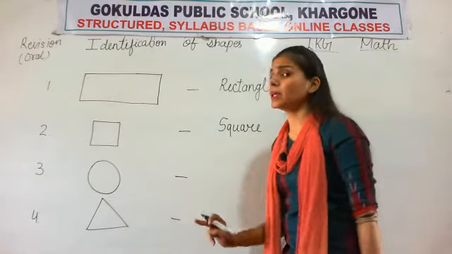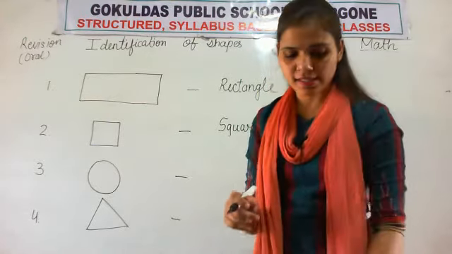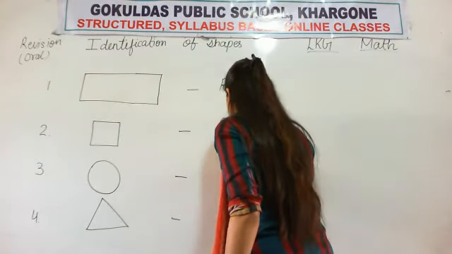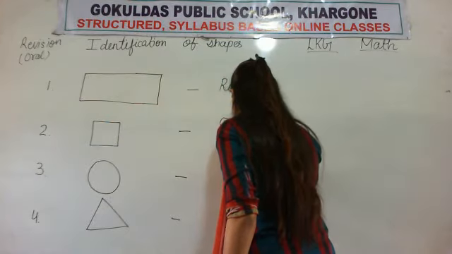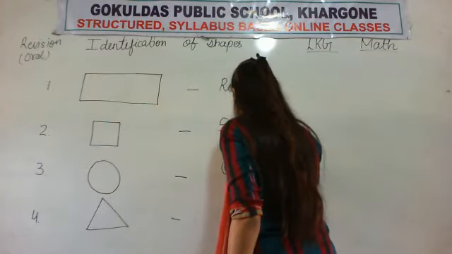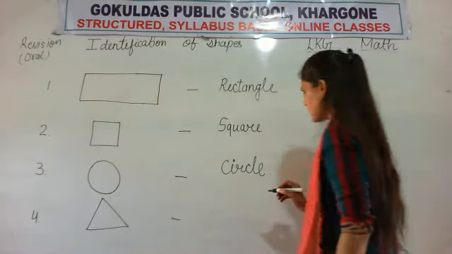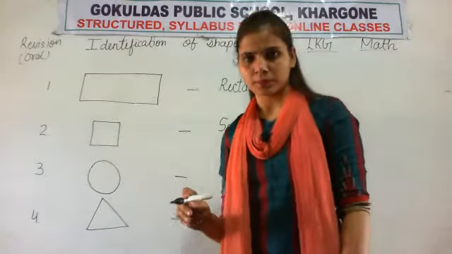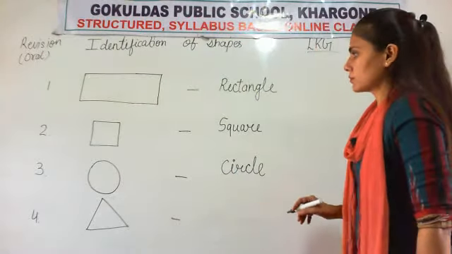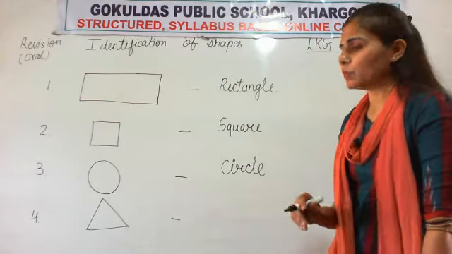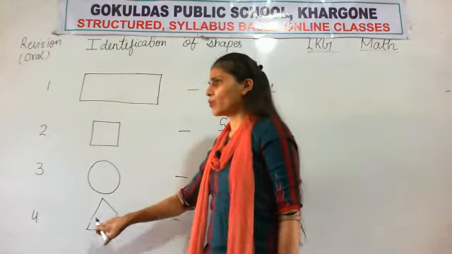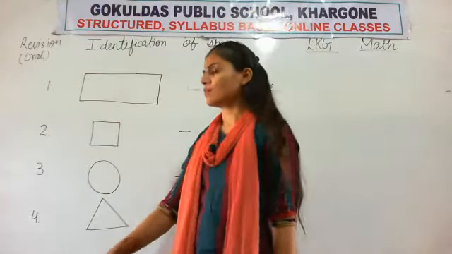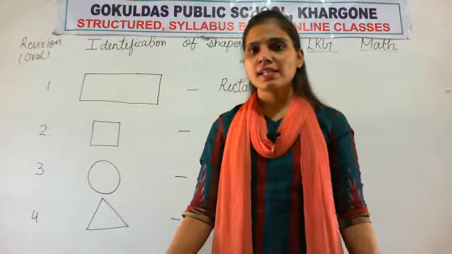Now on number 3, what is this? So on number 3, this is circle. Circle has no sides. Now tell me on number 4, what is this?